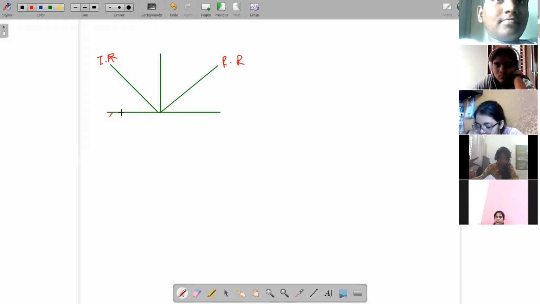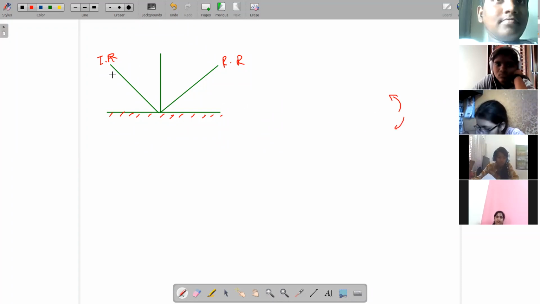Now the mirror is not changing. What will change? The incident ray is turned by an angle theta in the clockwise direction. Before, I took anti-clockwise upward, now I'm taking it downward, that is the clockwise direction.